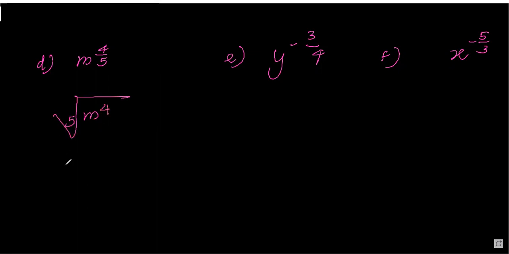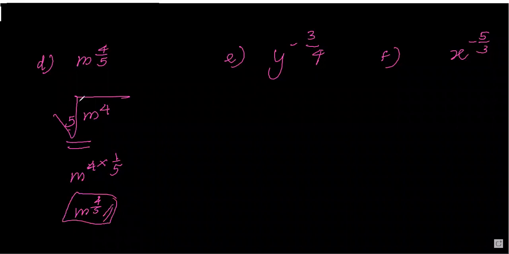When you remove it also, look at when we are removing this radical sign, m to the power 4 into 1/4. This is the way. Look at it again, we can get the same answer. This is the answer, I am just showing you. 4 times 1/4, m to the power 4/5. We can take it back like this from this answer. Now look at this one, y to the power minus 3/4.